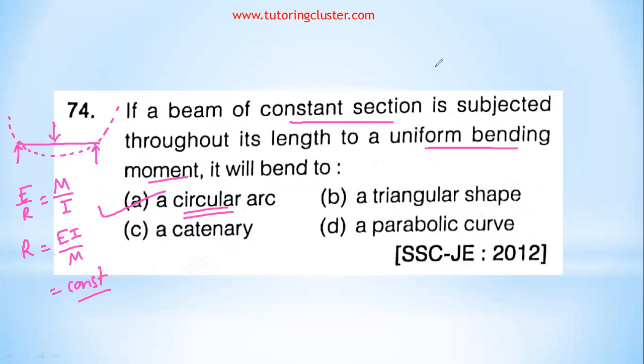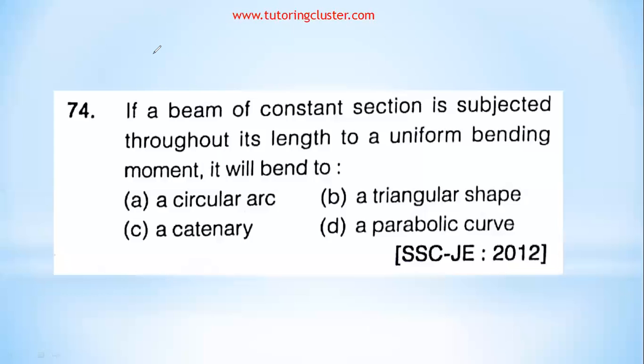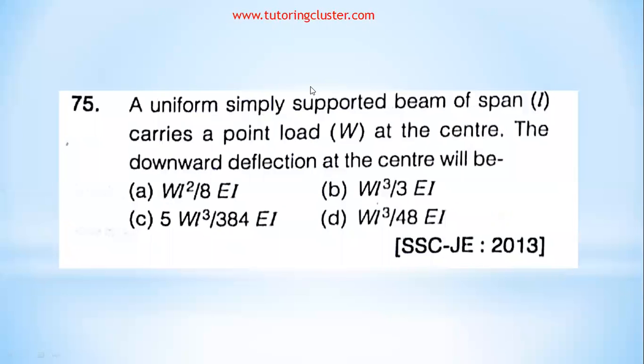Next, question number 75, asked in 2013. A uniform simply supported beam of length L carries a point load W at the center. The downward deflection at the center will be. So it's a simply supported beam which carries a central load W, and the span is L. What is the formula to calculate deflection?